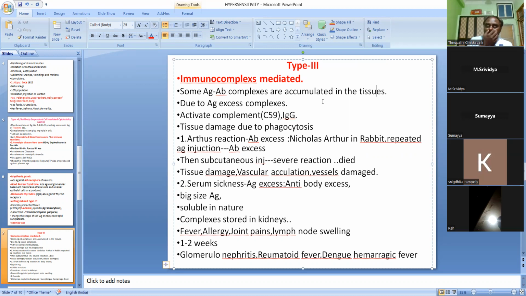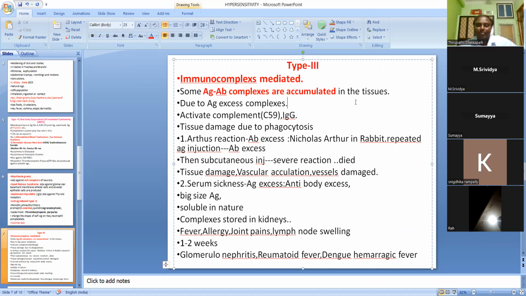Those formed complexes are eliminated by engulfing or eating by the neutrophils and macrophages. That is the general case. In some cases, the accumulated antigen antibody complexes cannot be identified or removed from the body or tissue.